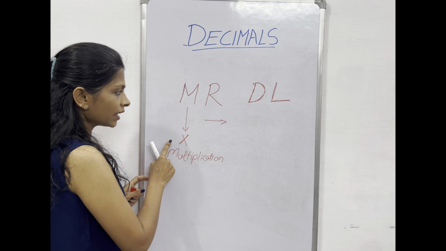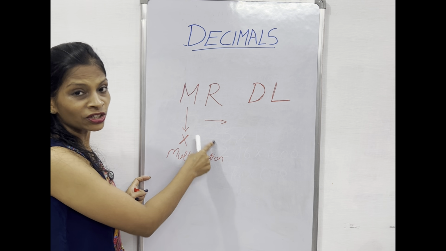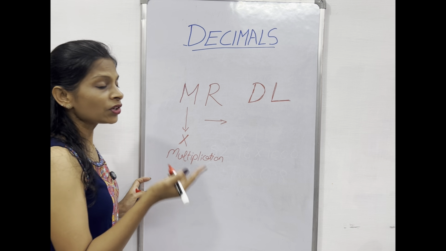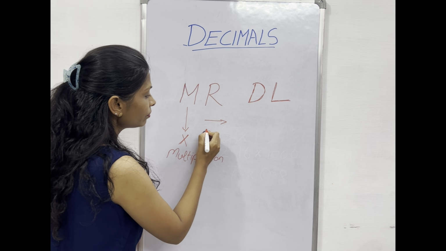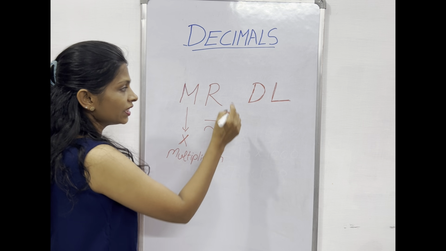If I am multiplying, my decimal will shift towards the right depending upon the powers of 10 or the number of zeros. So if I have two zeros, which means 100 or 10 square, then I will shift my decimal point two digits towards the right.